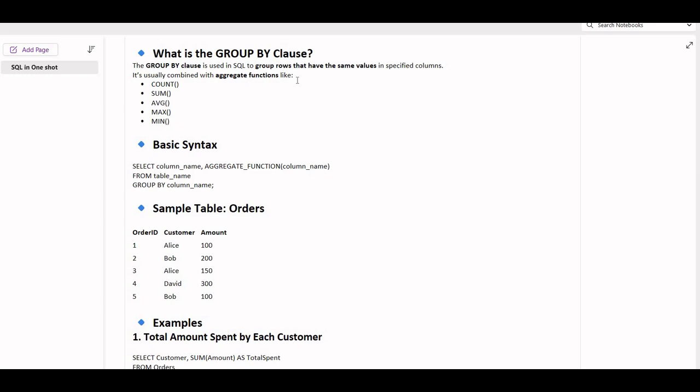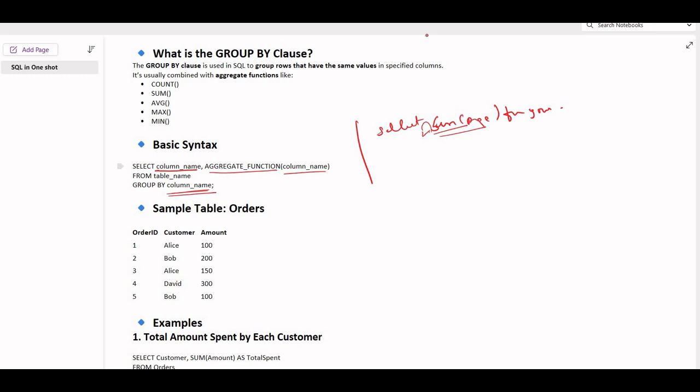Right. So let's come back to the group by clause. Let us see the basic syntax: select the column name, aggregate function column name from table name, group by column name. There is one more condition. If you use select sum of age from students, there is no need to use group by, because you are using only one aggregate function and no other column.